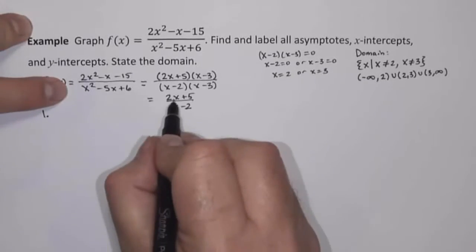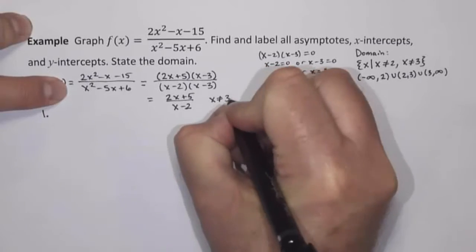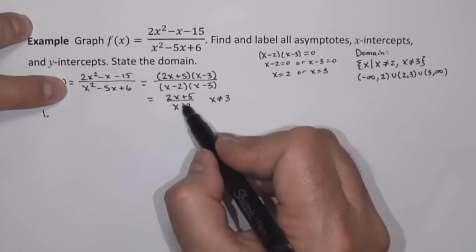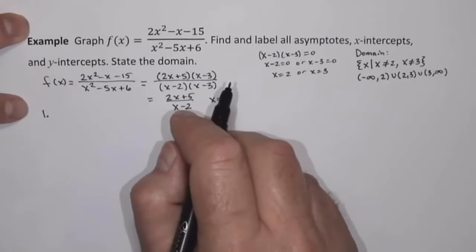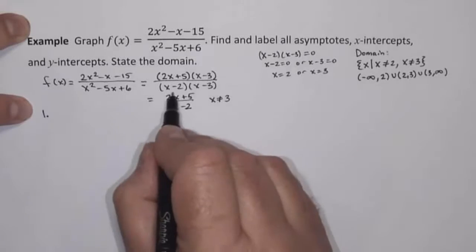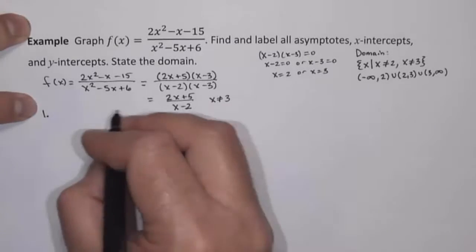So this function equals this as long as x is not 3. If x equals 3, we're going to get 0 over 0. We wouldn't get this particular value. So now this doesn't have any other common factors. 2x plus 5 over x minus 2 does not have any other common factors.